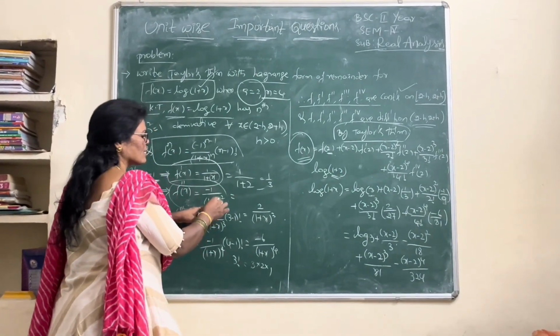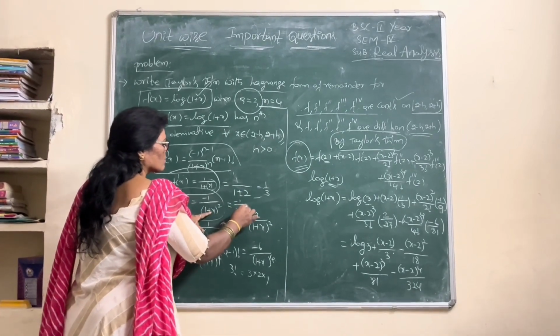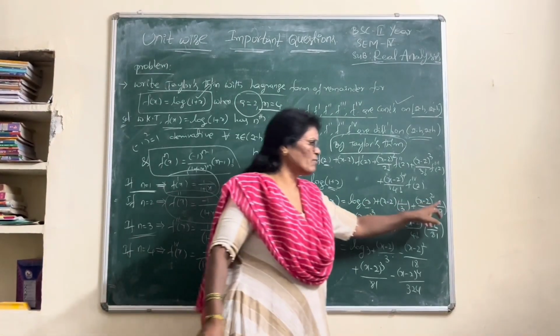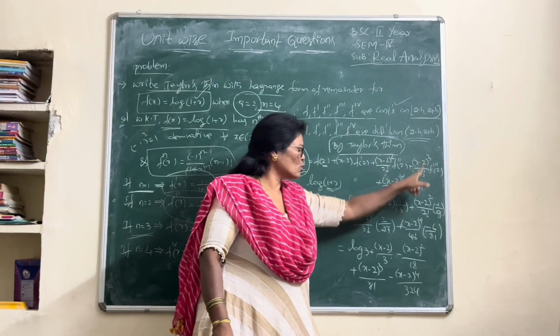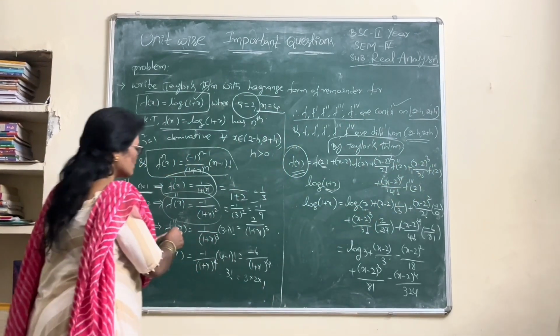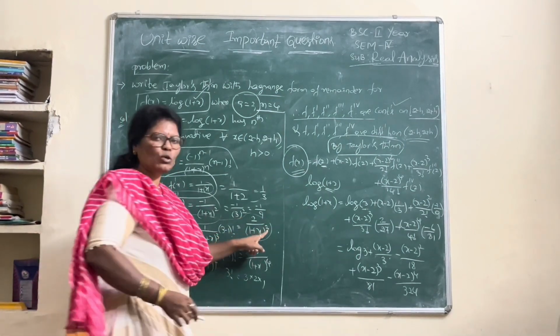Here f double dash of 2 is minus 1 by (1 plus x) whole square, minus 1 by (1 plus 2) square, that is equal to minus 1 by 3 square, which means 9. So that only we are writing minus 1 by 9 plus (x minus 2) whole cube by 3 factorial into f triple dash of 2. f triple dash of 2 is nothing but 2 by (1 plus x) whole cube.